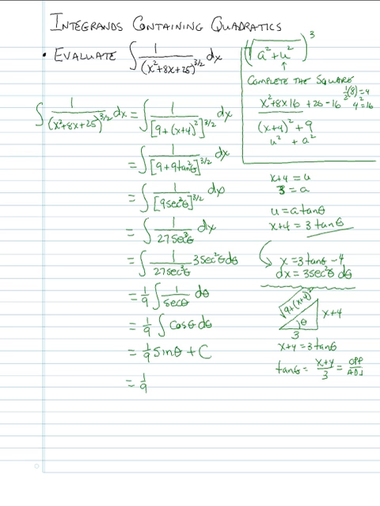Okay, now we're ready to calculate sine theta based on that triangle. Well, sine of theta is opposite over hypotenuse. And the opposite side from theta is x plus 4, and the hypotenuse, of course, is the square root of 9 plus x plus 4 squared, plus our constant of integration.